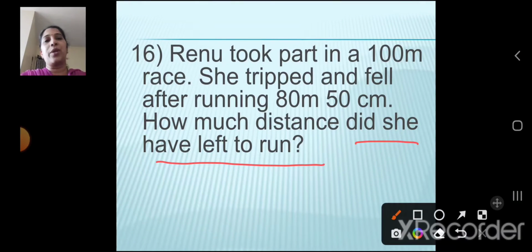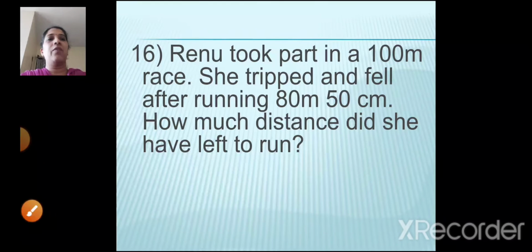Means you are going to carry out subtraction. So now what is given in the word problem? Renu, she took part in a race, right? So it was a 100-meter race. After running 80 meter 50 centimeter, she fell down. So we have to find out how much distance was remaining to run, right?